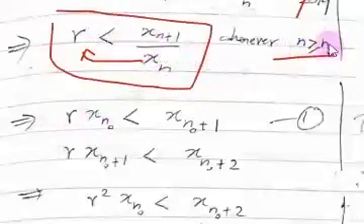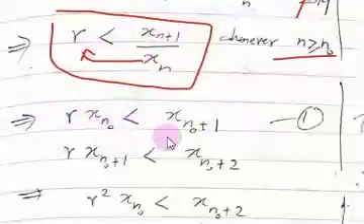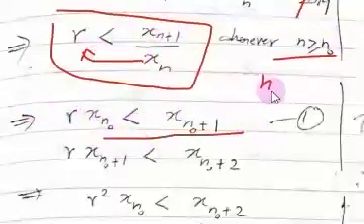So let's substitute this number into here. Then you get x sub n naught plus 1 is greater than r x sub n naught, right? This is true. Now you can substitute n naught plus 1 as well, because this statement is true for n which are greater than or equal to n naught.